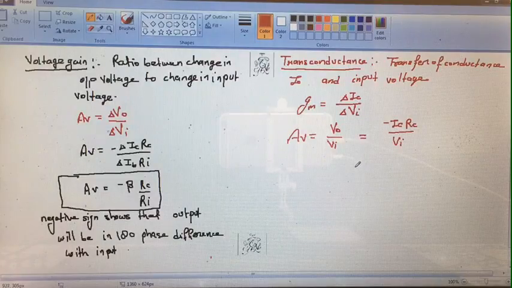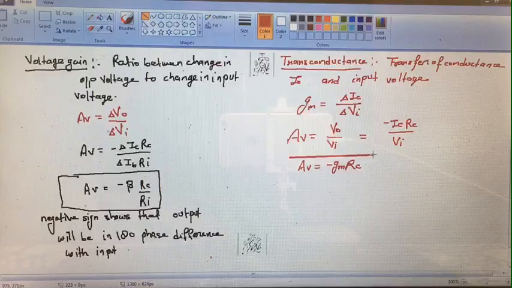So its value of voltage gain is equal to minus GM RC, where GM is representing transconductance.